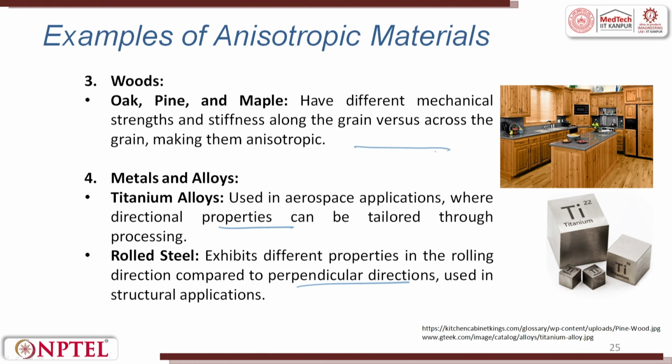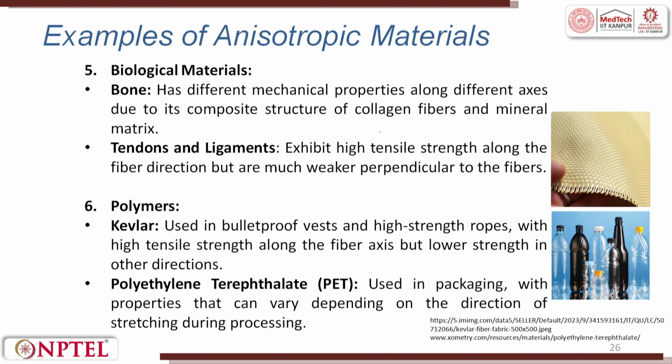If you are rolling it in this direction, the material property in this direction and the material property in this direction will be completely different. Completely different means there will be a difference of 10 to 20%. For biological material, if you take a bone cross section, you will see that densely the bone cells are stuck together, and when we move towards the center, it will be porous.